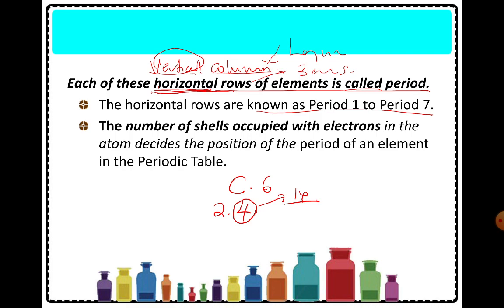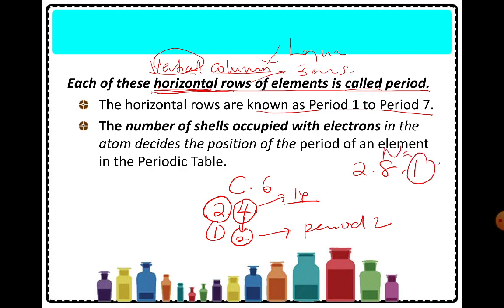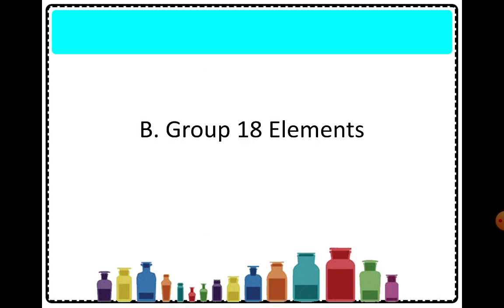So the number of shells is 2, 1 and 2. So it's in period 2 lah. Okay, so kalau contoh dia 2.8.1, this is sodium. So sodium is in group 1 and period 3, 1, 2, 3, because there are three shells occupied with electrons.